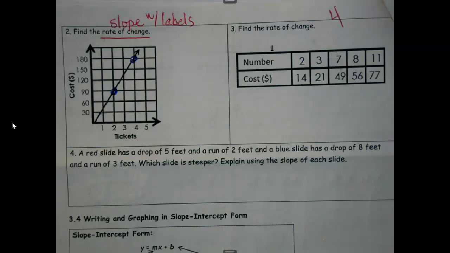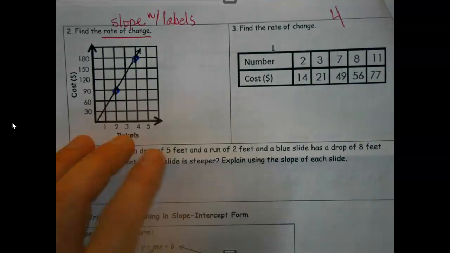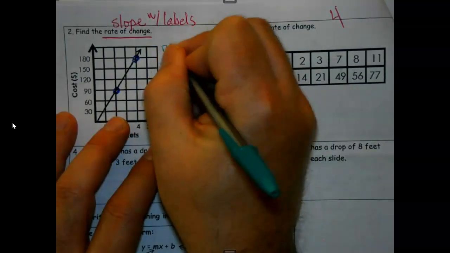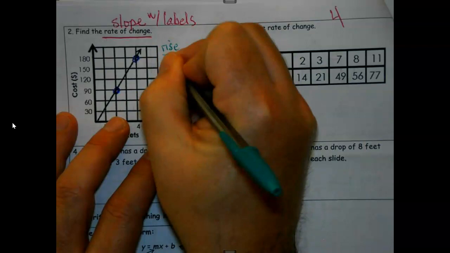So at this point, let me tell you, there's 2 ways you could do this. You can either say, okay, I'm going to use the graph. I have a graph here. So I'd look and I'd be like, all right, rise over run. I'm going to stick with this.